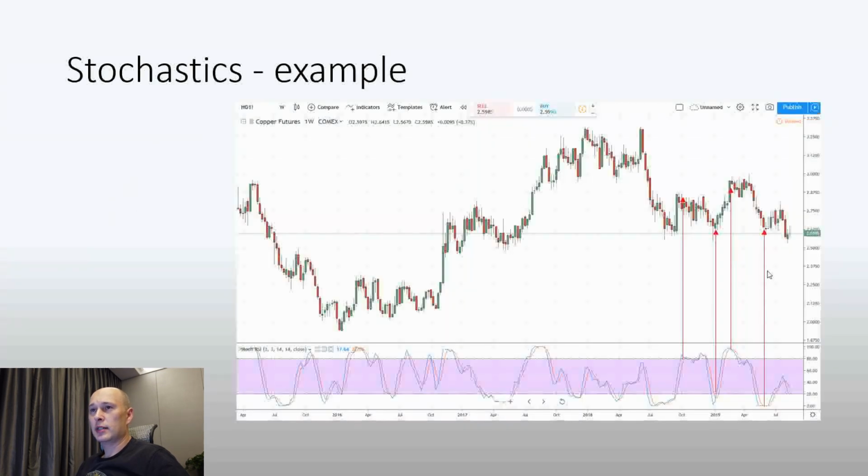In this example, you can see how the stochastic RSI works. So again, basically, wherever the stochastic is above 80 or below 20, these are the areas where we can expect very soon the price starts to flatten, consolidate, and start going to the other direction. It works pretty well for stochastic RSI.